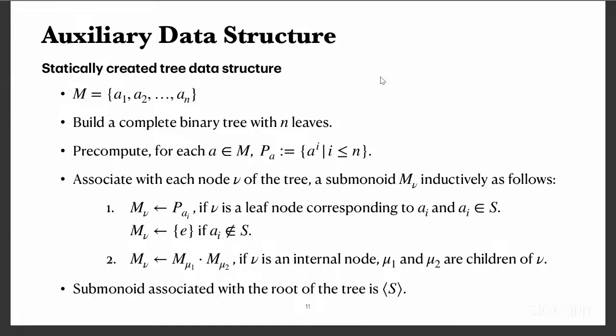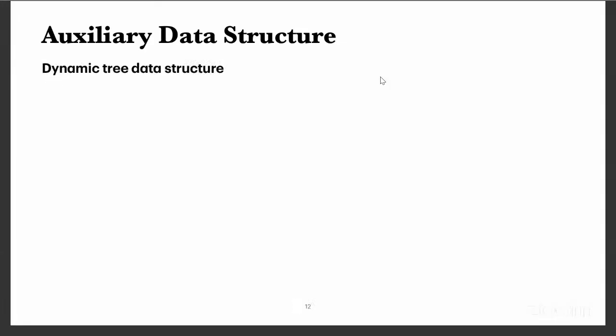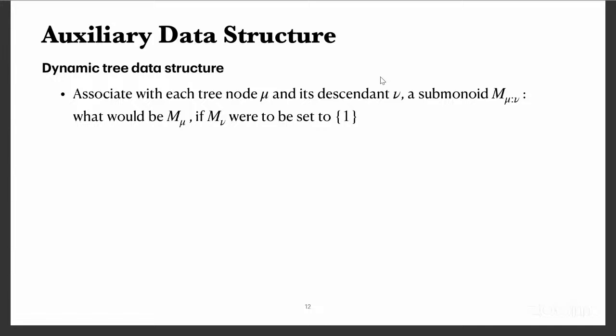We will need to augment this slightly for dynamic algorithms. So how do we do this for dynamic data in the dynamic setting? We maintain this for each internal node, and also we maintain it for two nodes such that one is a descendant of the other.